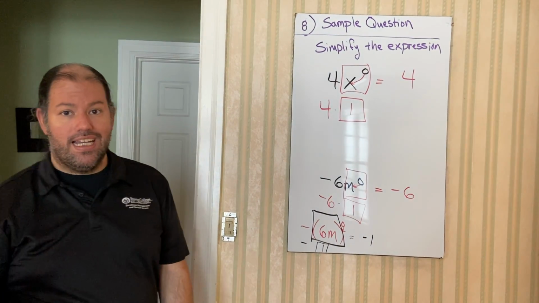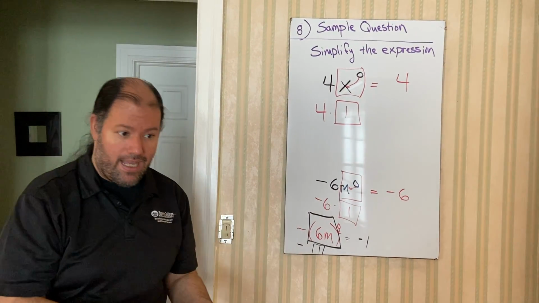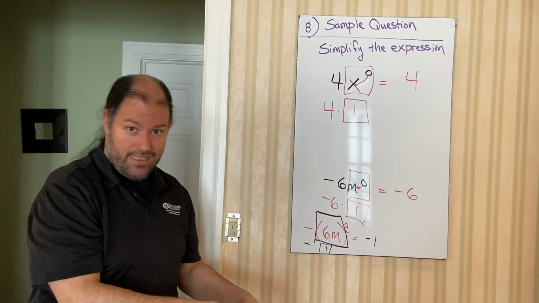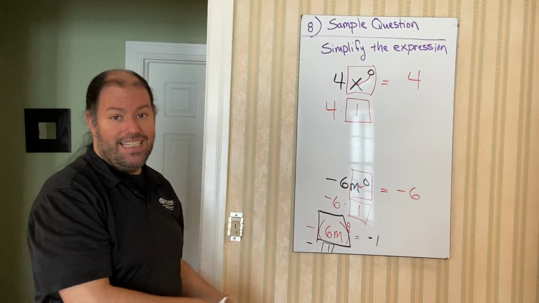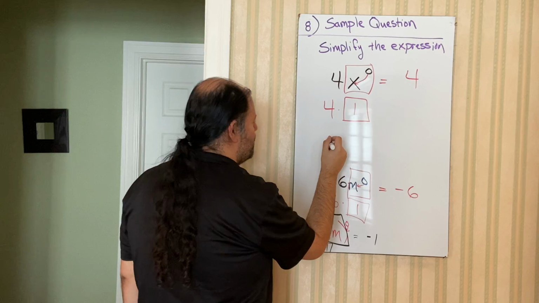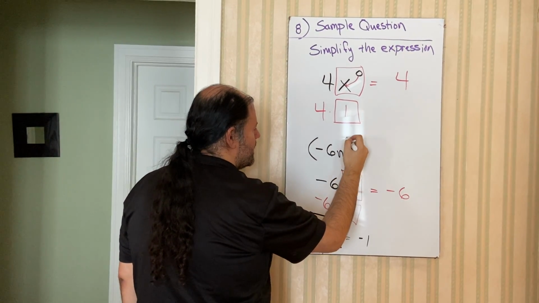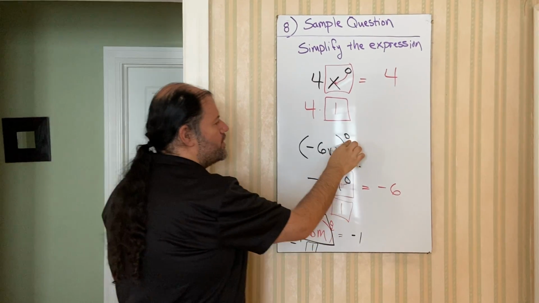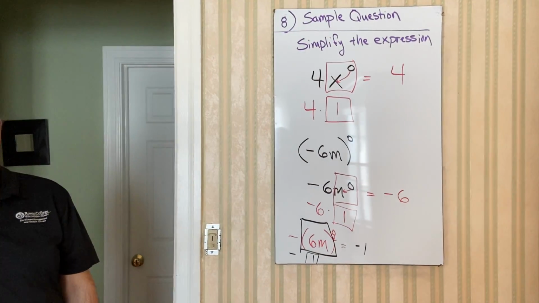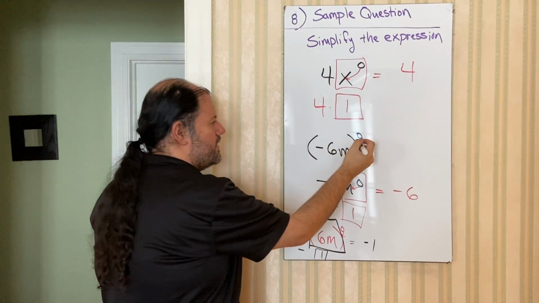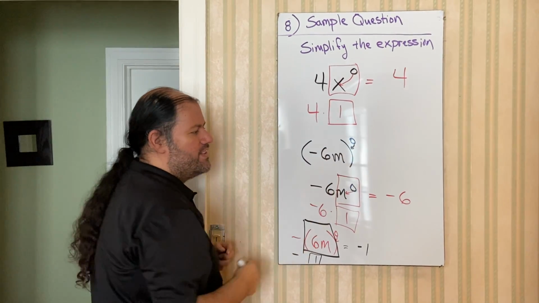And if I want that 0 to apply not only to the m and to the 6, but also to the negative sign, then I use a bigger set of parentheses and write it like this. Make sure the 0 is on the outside, because the first thing this 0 touches is the set of parentheses.